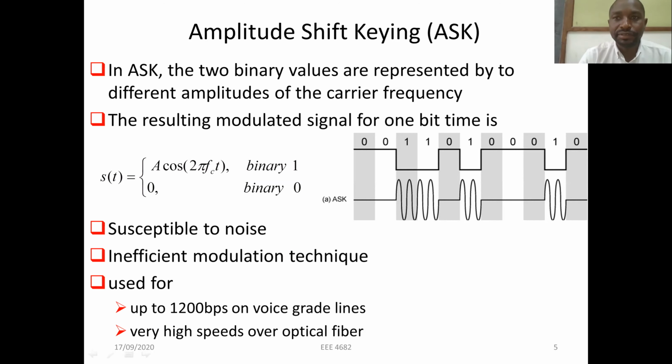in amplitude shift keying, you have a binary 1 here, basically representing a no change in terms of the amplitude of the carrier.